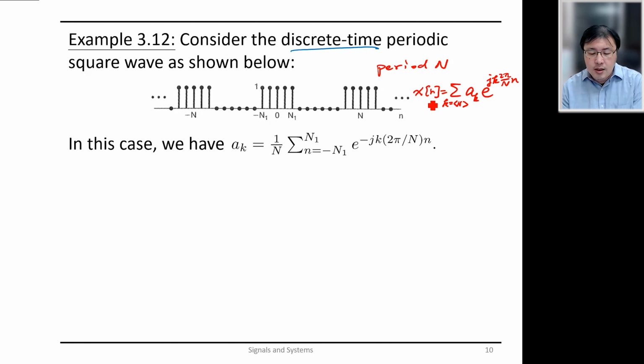In this case, xn is equal to 1 from minus n1 to n1, so the summation becomes a summation from minus n1 to n1 of 1 times this complex exponential.